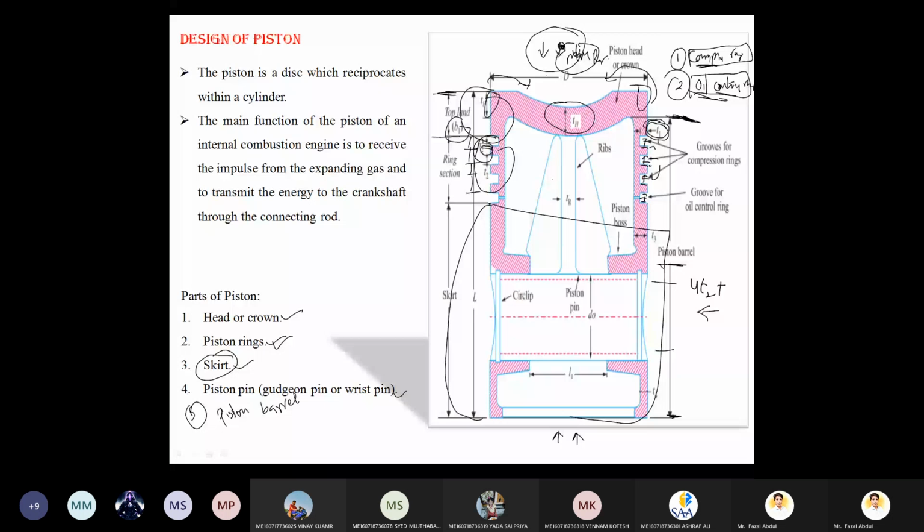Each ring has the axial thickness T2, so here one T2, here one T2, here one T2, and here one T2. So how many rings am I using? 4 rings. So the reason for 4 into T2 plus this gap B2, B2, B2. That is the total length of the ring section. 3 into B2.